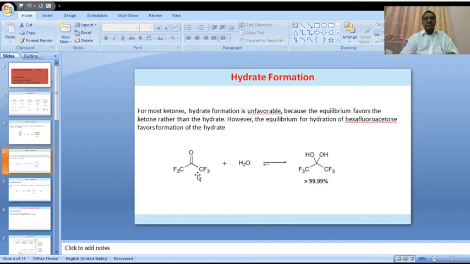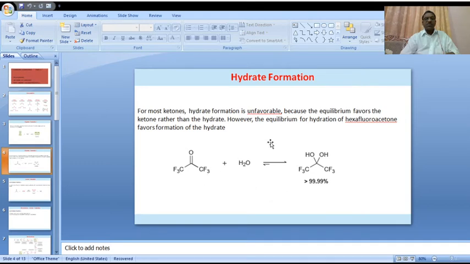Please observe again. This is hexafluoroacetone. It is a suitable example that favors the formation of the hydrate compound.